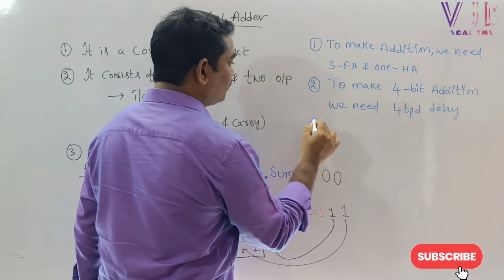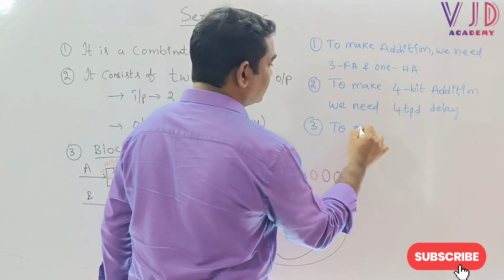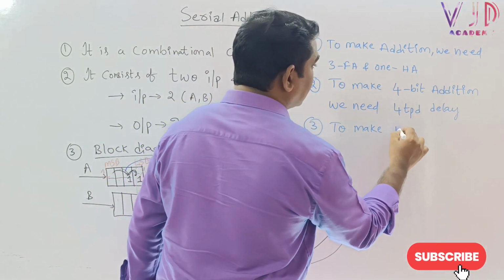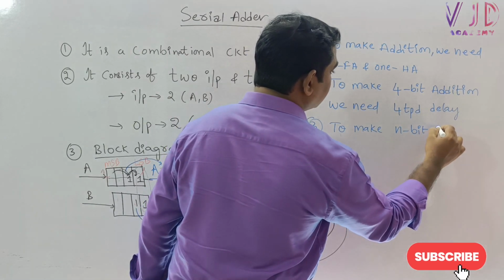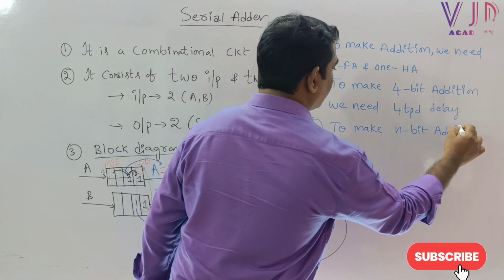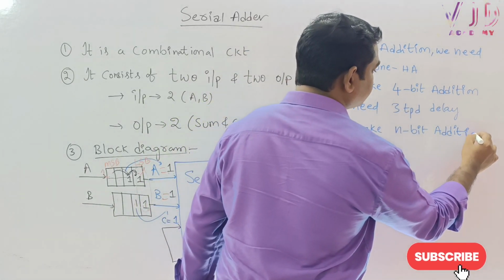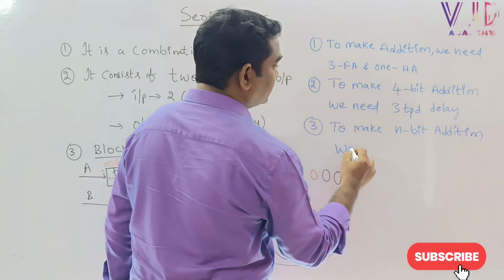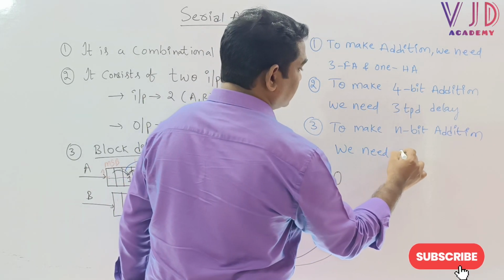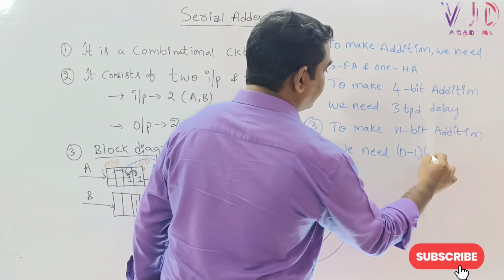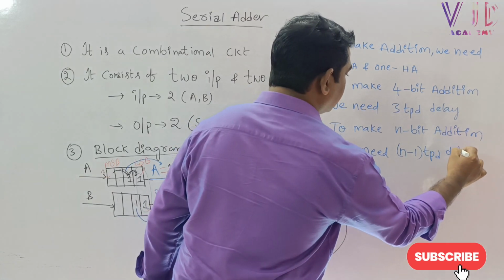And to make n bit addition, we need n minus 1 TPD delay.